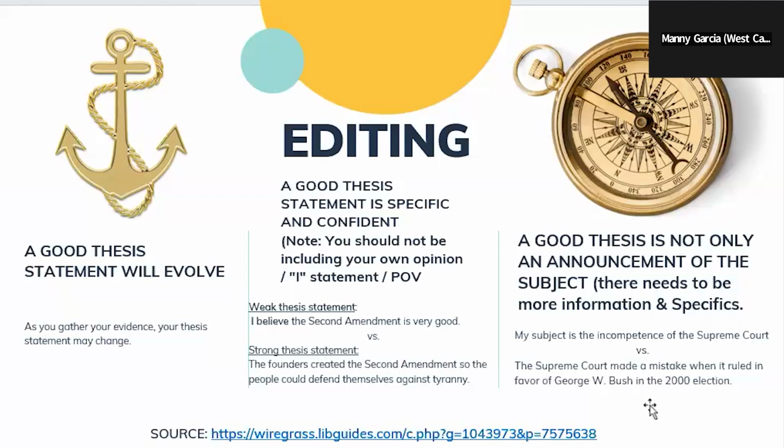You know, if you are writing a paper on electric vehicles, my subject is electric vehicles are the future. Okay, well, that's wonderful. I'm glad you believe that. But you need to tell us a little bit more. My subject is electric vehicles are the future because they don't consume gasoline.